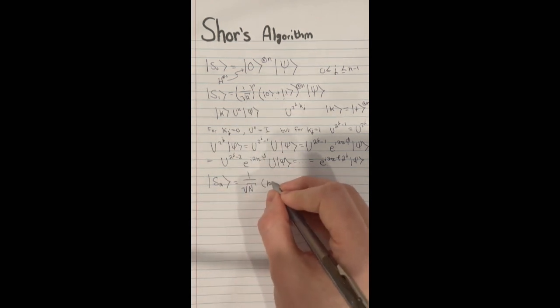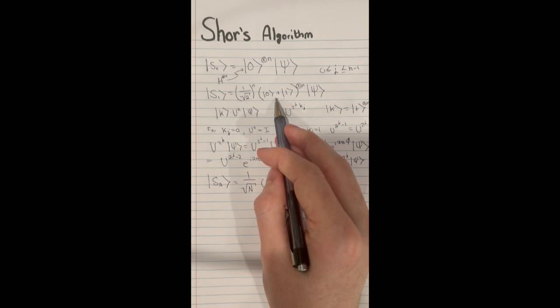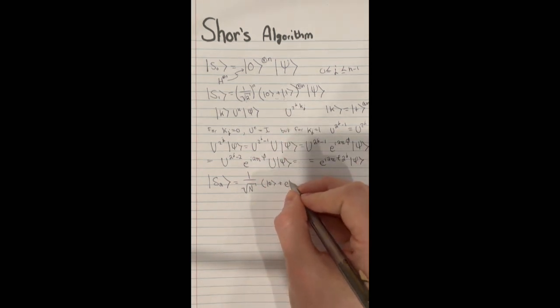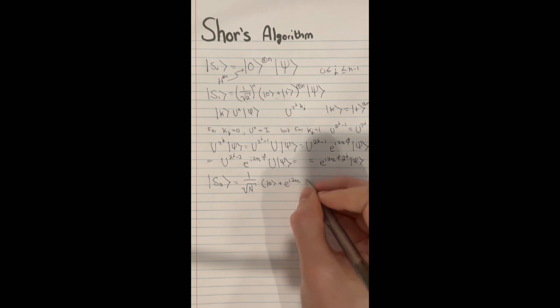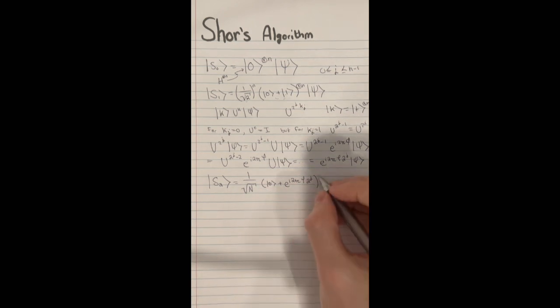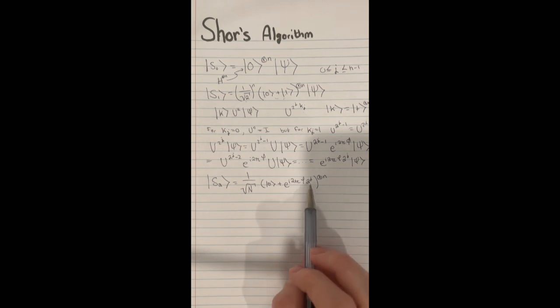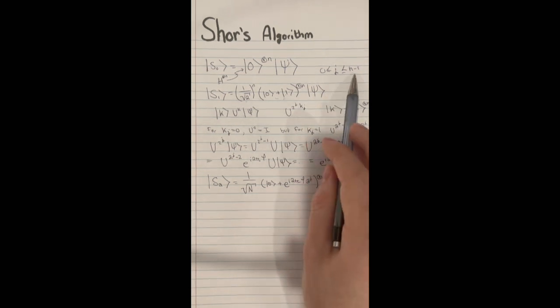And we'll have over each of our qubits in the first register, which are in this plus state, e^(i 2 pi phi 2^j). And we'll have n of these. So for each of these, we'll have a different value of j running from 0 to n minus 1.